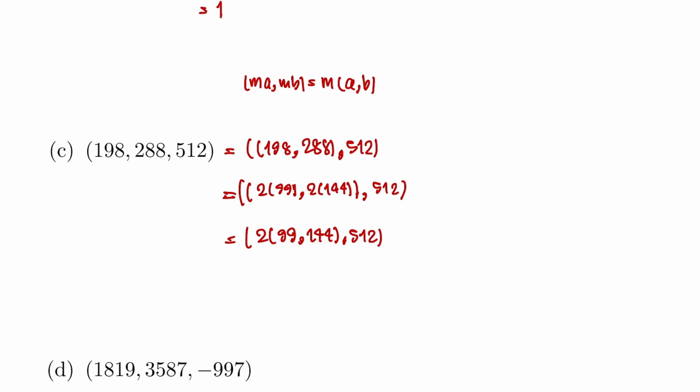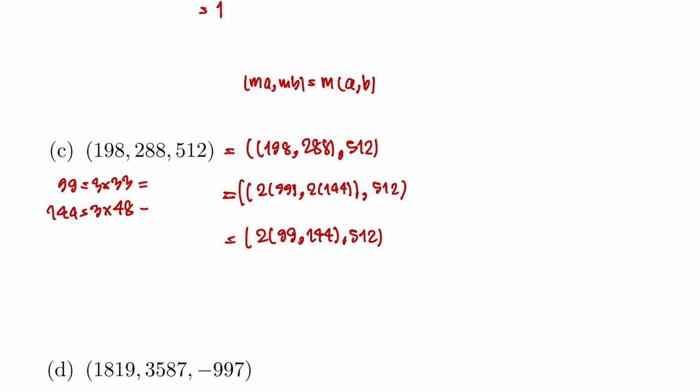Okay, do we have a common factor here? 99 is 3 times 33. 144 is 3 times 48.